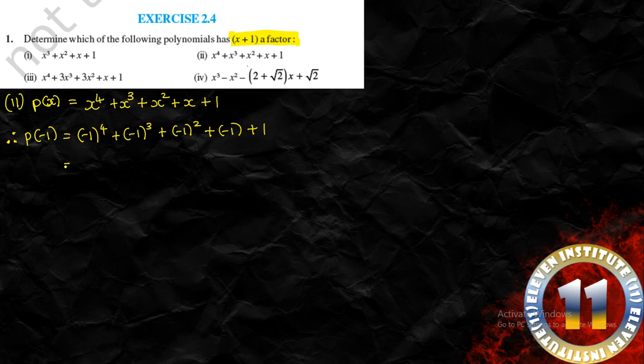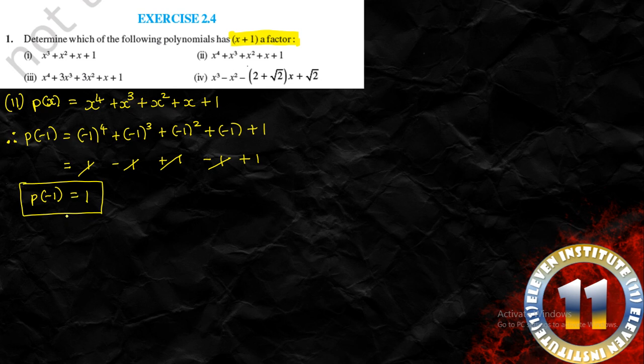Now on solving this, minus 1 raised to 4 is 1, minus 1 cube is minus 1, and minus plus will again give us minus. Minus 1 square is plus 1, plus minus will give us minus 1, and again we have a plus 1 over here. So this 1 and minus 1 will cancel each other. Again this plus 1 and minus 1 will cancel each other, so we are left with 1. So we can write over here p of minus 1 is equal to 1.